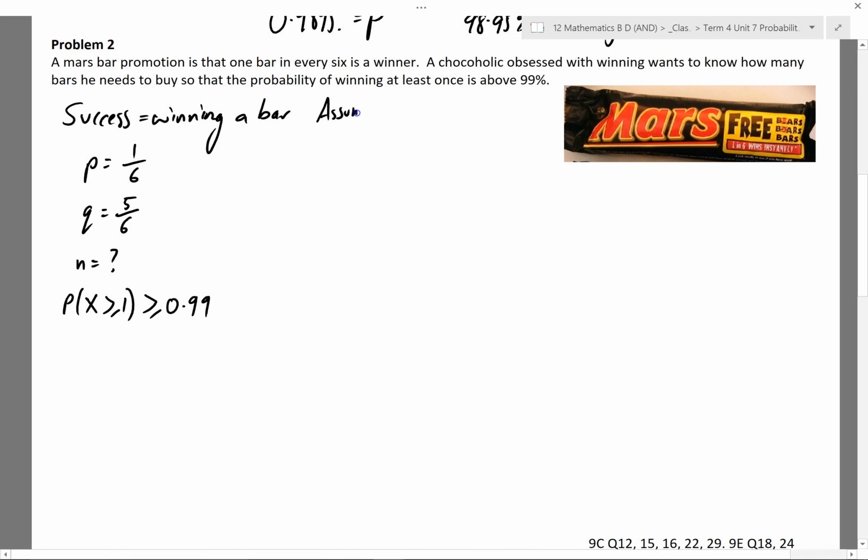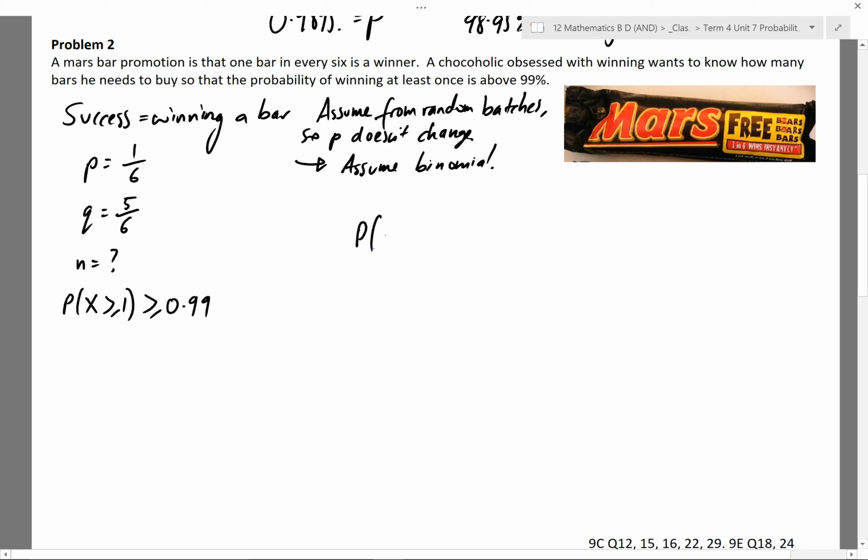Okay, so assume random batches. So P doesn't change. So again, I'm assuming that it's a binomial distribution. Write down my formula, see what I can do with it.